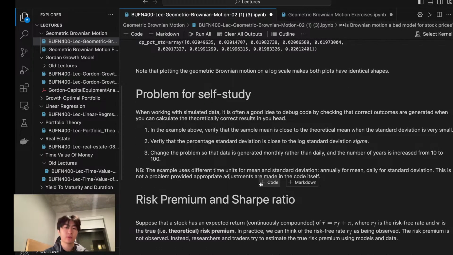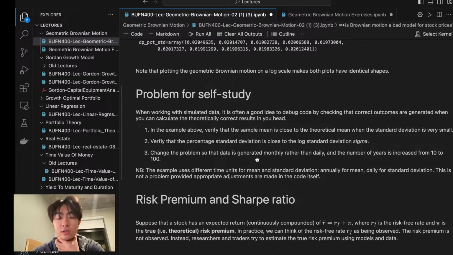Okay, when working with simulated data, it is often good to debug code by checking the correct outcome generated when you calculate the theoretically correct result in your head. In the example above, verify that a sample mean is close to the theoretical mean when the standard deviation is very small. Verify that the percentage standard deviation is close to the log standard deviation sigma, and change the problem so that data is generated monthly rather than daily.